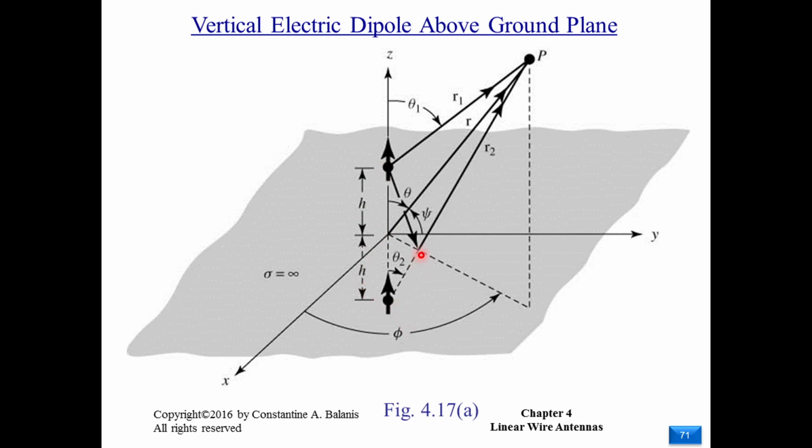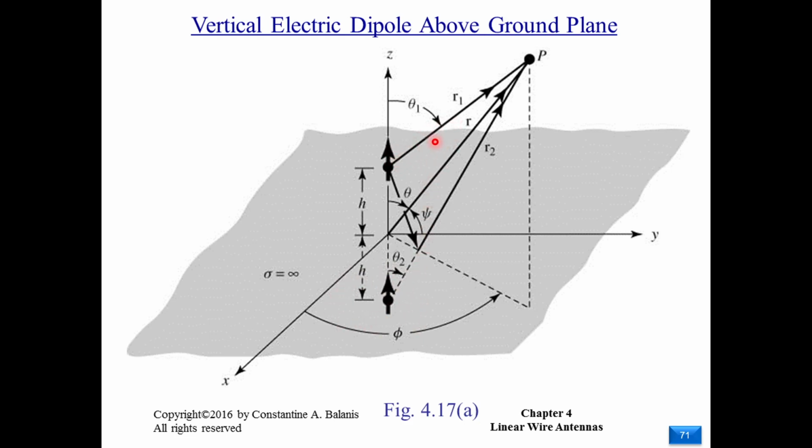So if we have an infinitesimally short dipole on top of a perfect conducting plane, the radiation field that reaches the observation point is a direct component and a reflected component. The reflected component can be represented by this imaginary source, as we just said.